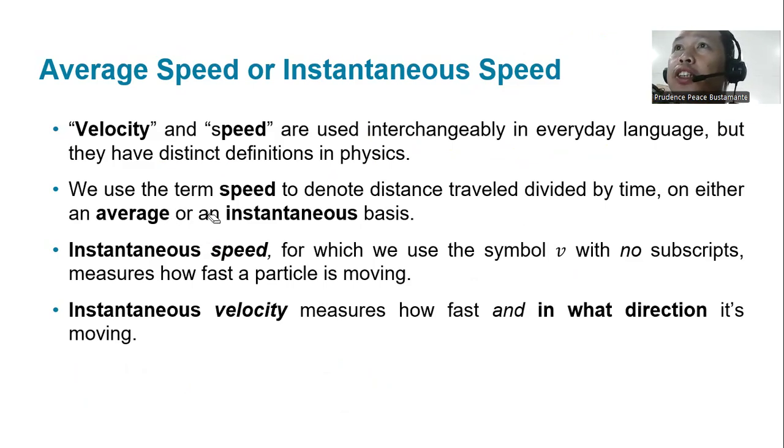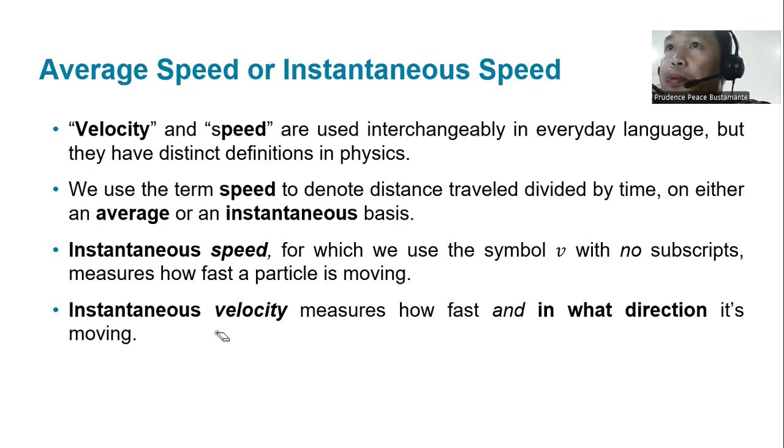Velocity and speed are used in everyday language as if they were the same, but they actually have distinct definitions in physics. We use the term speed to denote the distance traveled divided by time, on either an average or instantaneous basis.